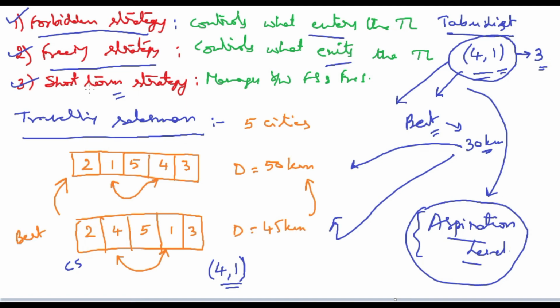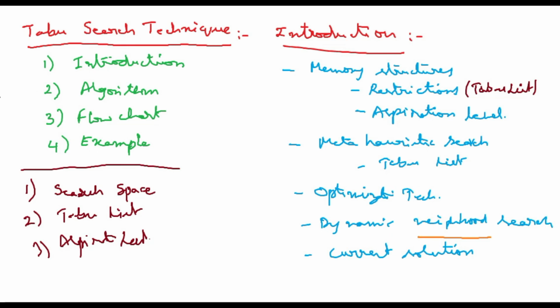Now everything has been completed. Memory structures: our current solution is stored in memory structure. After that we need to go ahead with the neighboring solution, and based on that the taboo list will be generated.